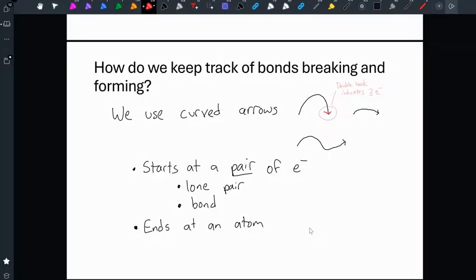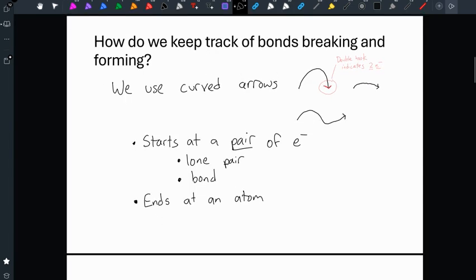Just to make you aware of some of the terminology that gets used sometimes, where the arrow starts is often called the source. And where it goes is often called the electron sink. I won't use those terms too much, but if you do hear them, that's what it means.